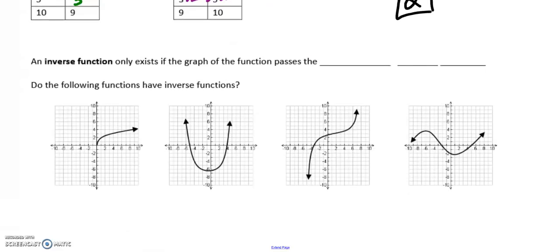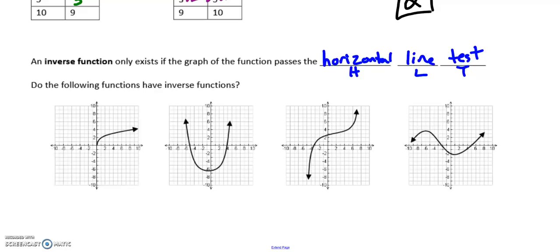If I'm thinking graphically about these inverse functions, an inverse function only exists if the graph of the function passes what we're going to call the horizontal line test. So this is the test, the horizontal line test, or what I'm going to call the HLT. It's a test to see if the inverse is a function.